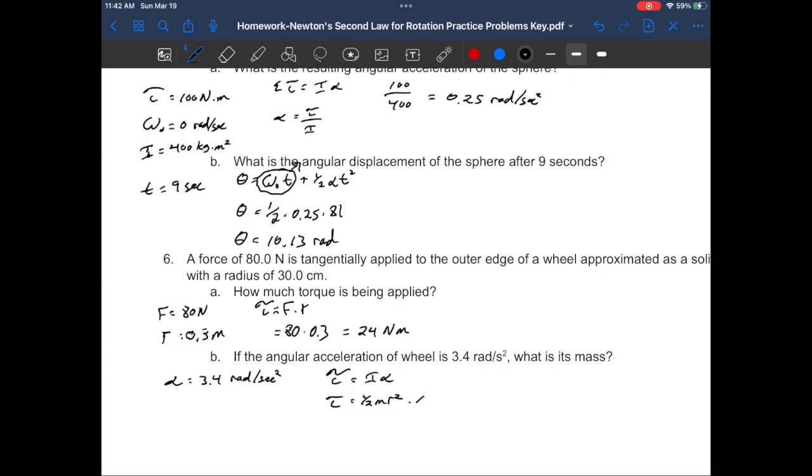Now we've got some variables that we can use. That guess method is helping us all along the way. We said torque was 24. 24 would then be equal to 1/2 times the mass times 0.3 squared times 3.4. And we get 156.9 kilograms for our mass.